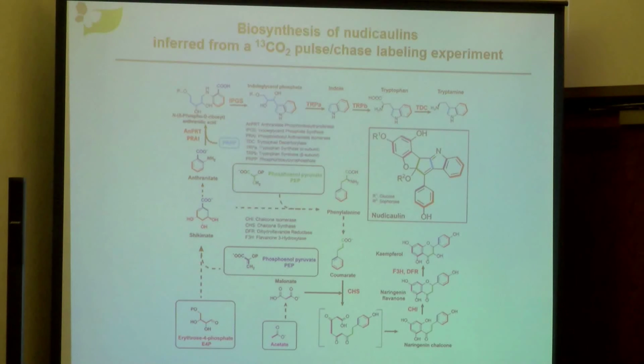And from this isotopolog analysis we can reconstruct the whole pathway, not only for the flavonoid part, but also for the indole part, which forms the other half of the molecule.